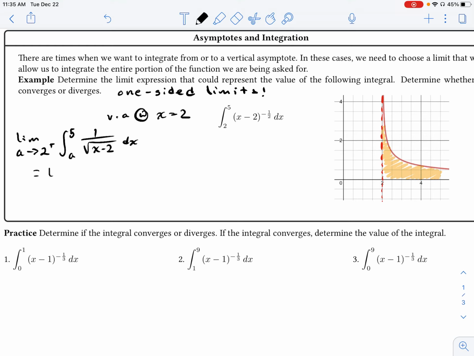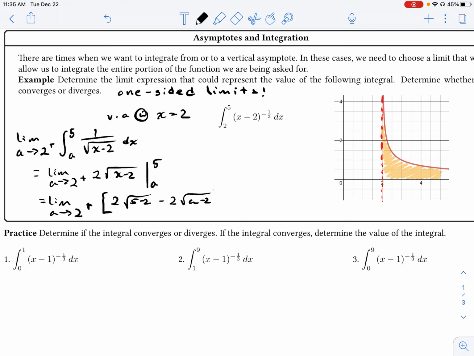We write this as the limit as a approaches 2 from the right of 2 root x minus 2, evaluating from a to 5. We then plug in those bounds: let's plug in the 5, so that would be 2 root 5 minus 2, minus 2 root a minus 2.